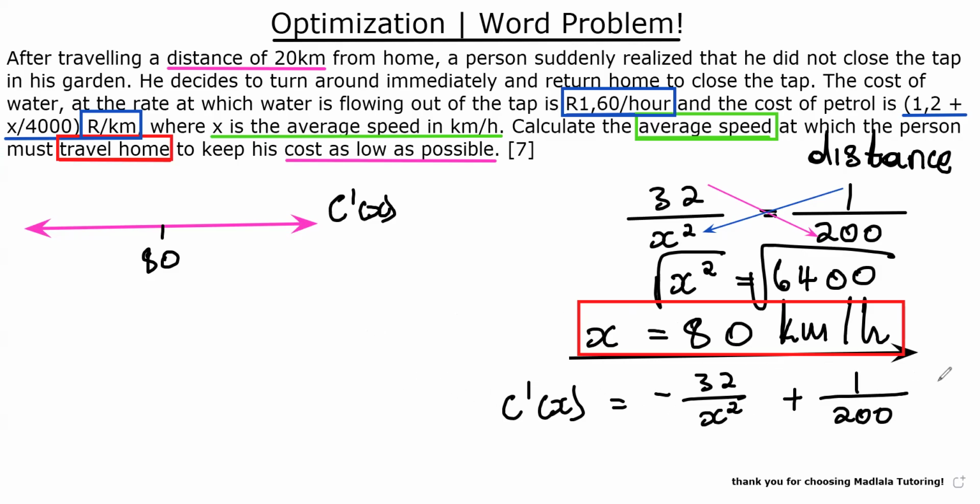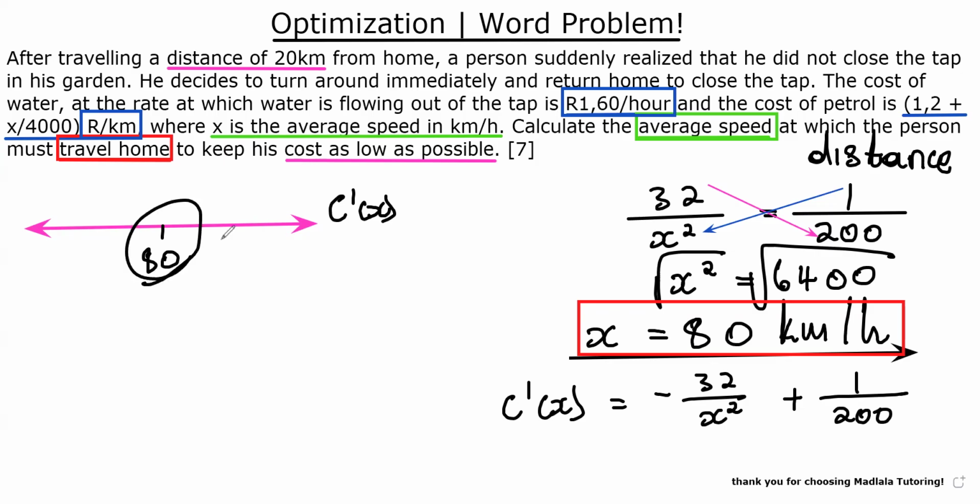And it's actually in its simplest form, so we can't really simplify it any further. It's perfectly fine. So what are we doing here? We need to pick any value of x that we like, which is less than 80, as well as greater than 80, so that we can see if the derivative changes the sign, right?